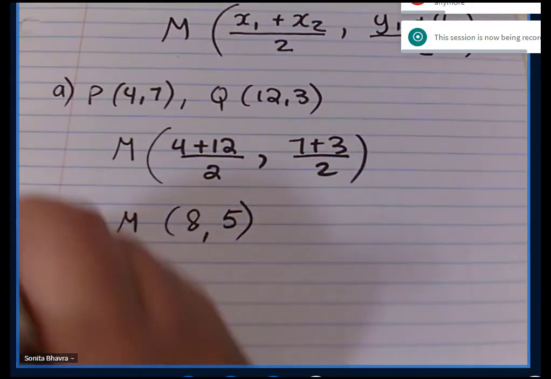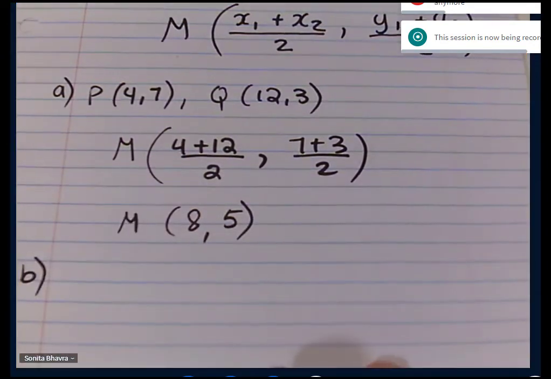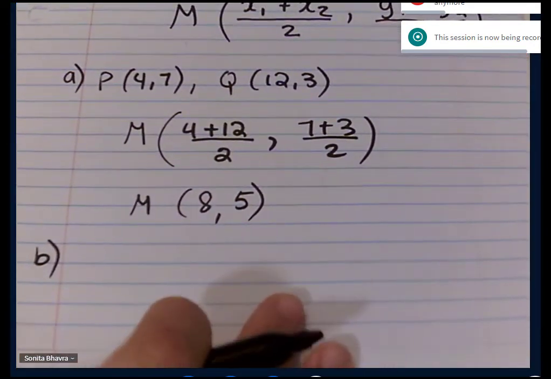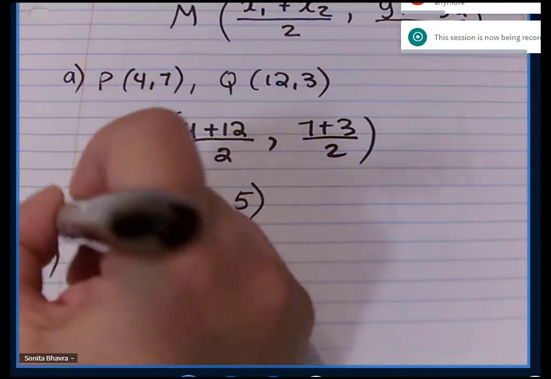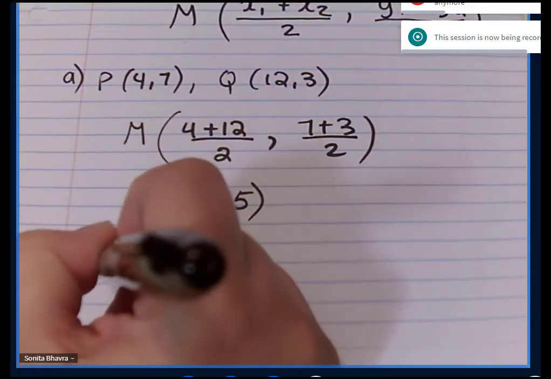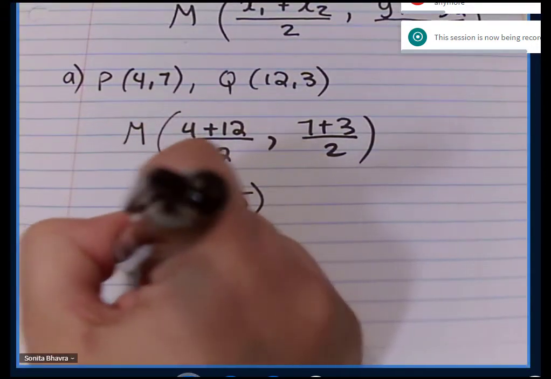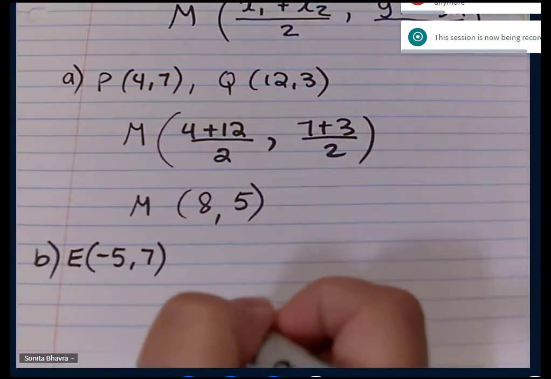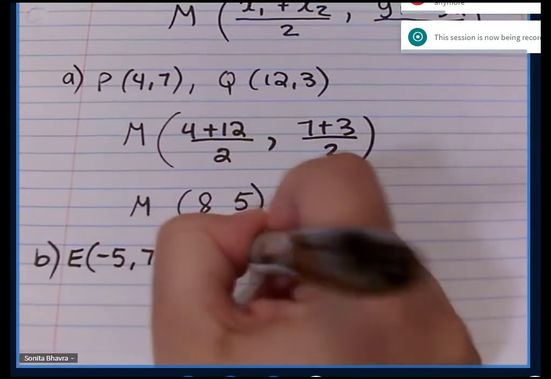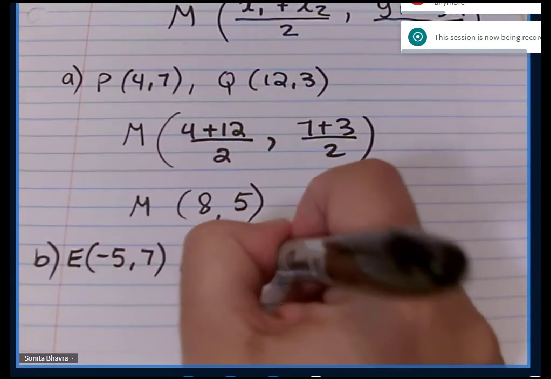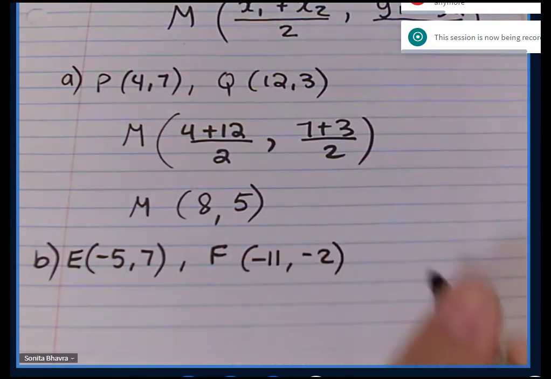Okay, let's try another one. We have E at (-5, 7), and we have the point F at (-11, -2).